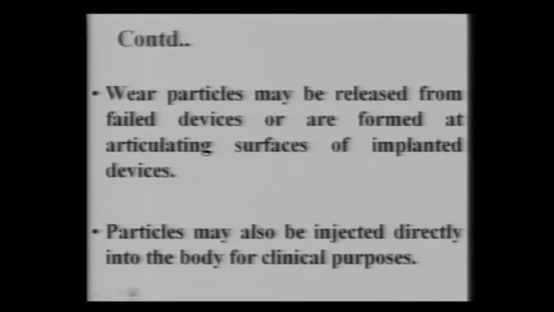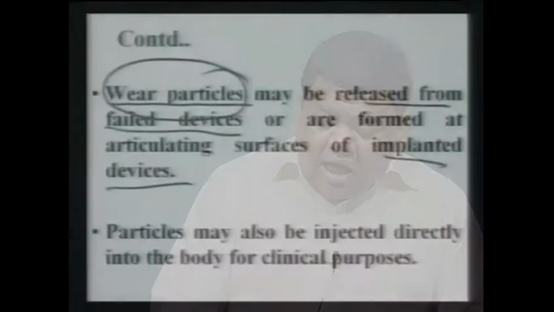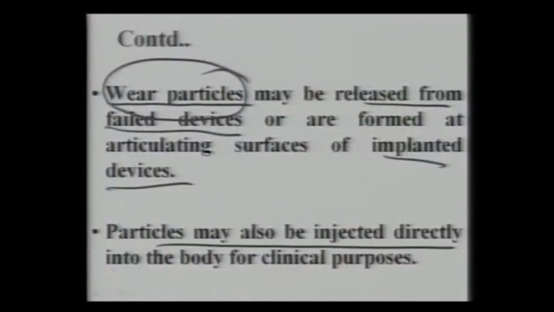So wear particles may be released from the failed devices and are formed at the articulating surface of the implanted devices. These wear particles are typically micron sized or can be nano sized. The finer the particles, the more the toxicity effect. If the particles are nano sized, they will have more toxicity compared to micron sized particles, and the particles may also be injected directly into the body for clinical purposes.